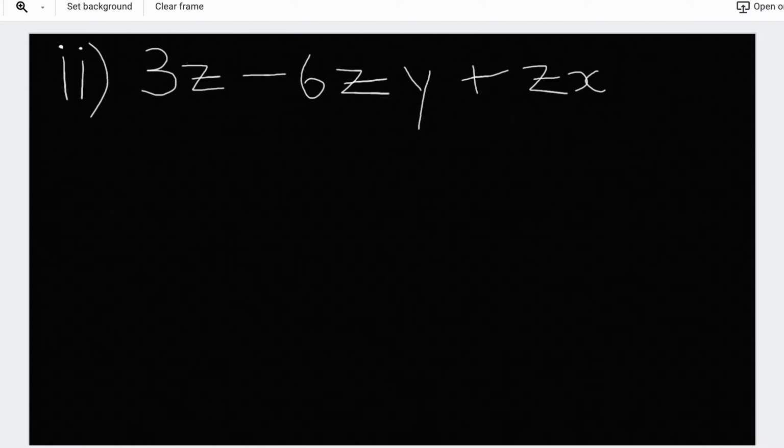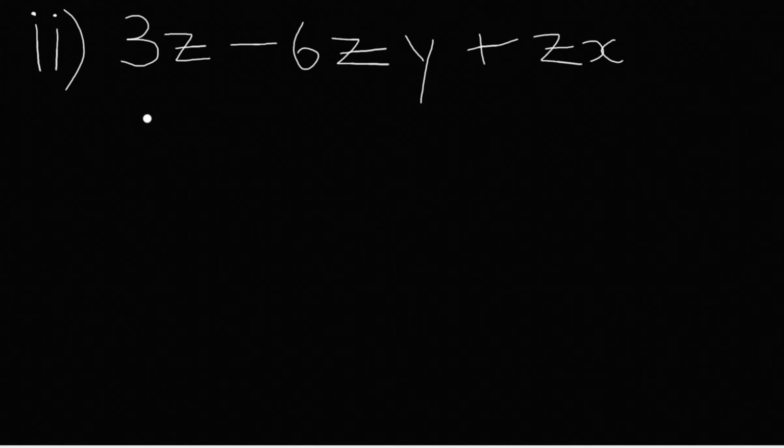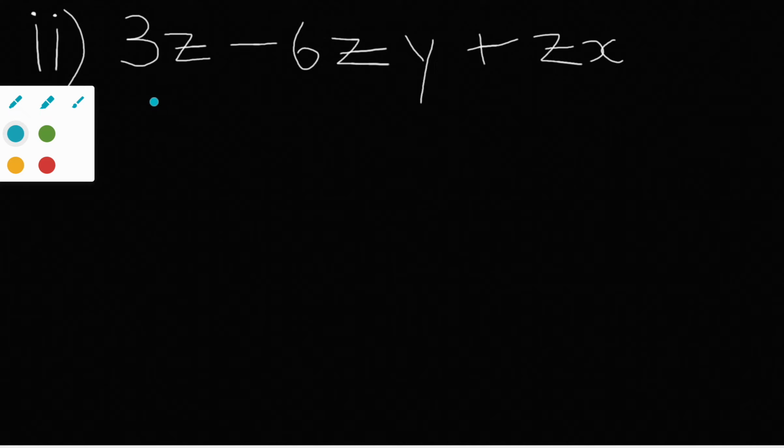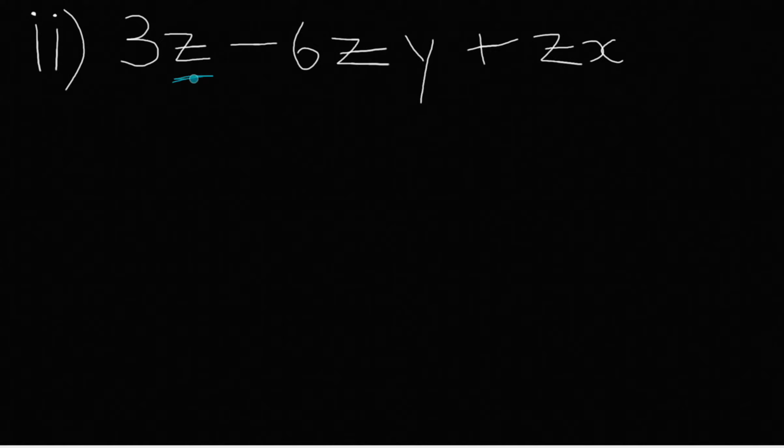Okay, this is a similar example. 3z minus 6zy plus zx. Here we have z in the first term, z in the second term, and z in the last term.